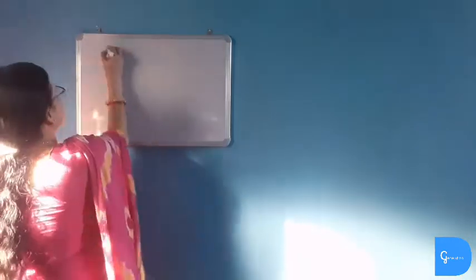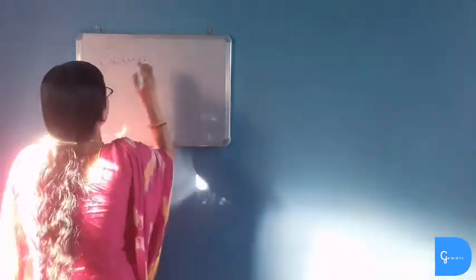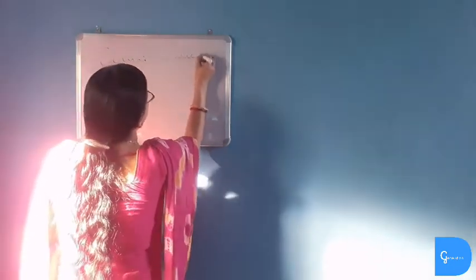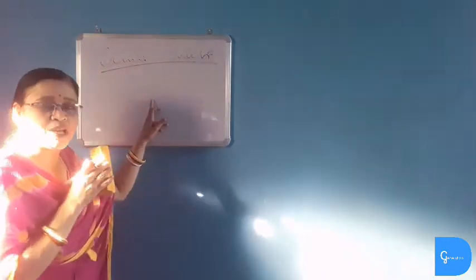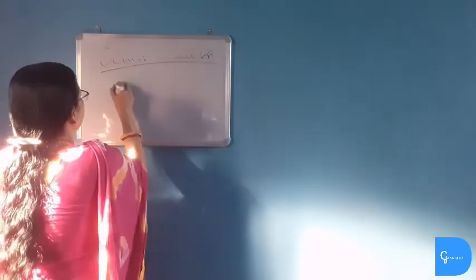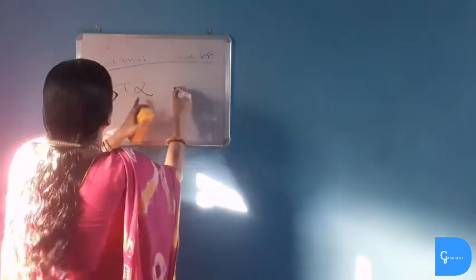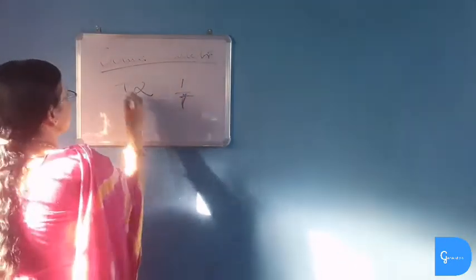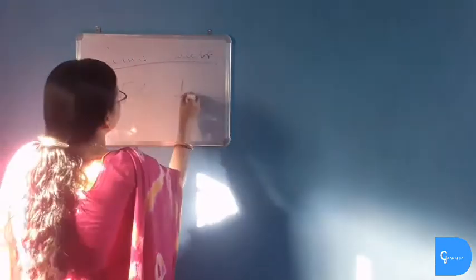But in the case of semiconductors, what happens? It is just the opposite of metal. Semiconductors like germanium and silicon. Germanium and silicon are two semiconductors. In these, if temperature increases, then resistance decreases, and when temperature decreases, resistance increases.